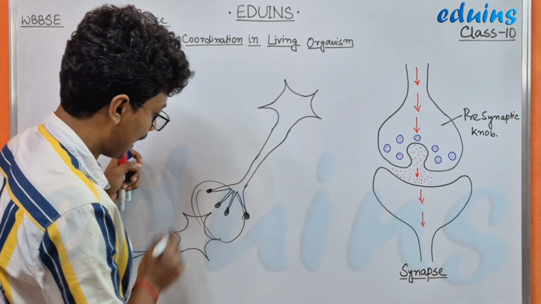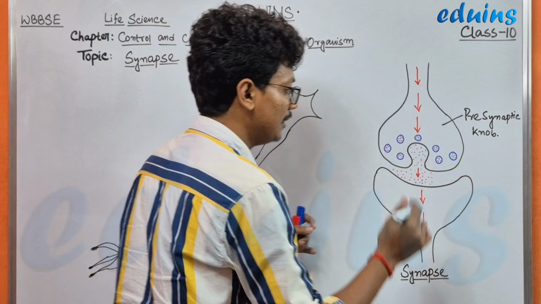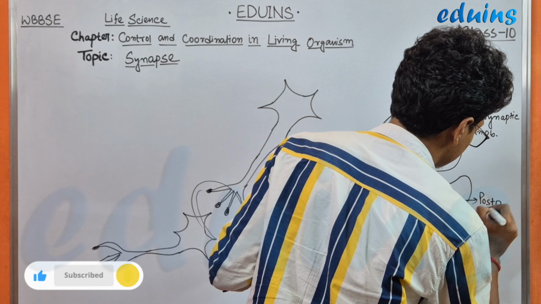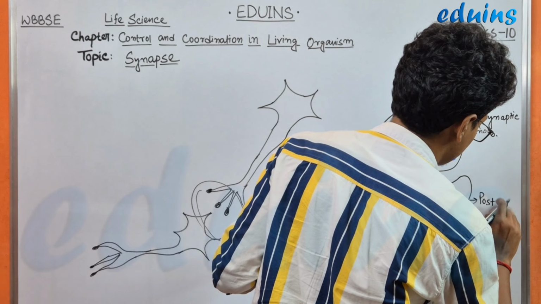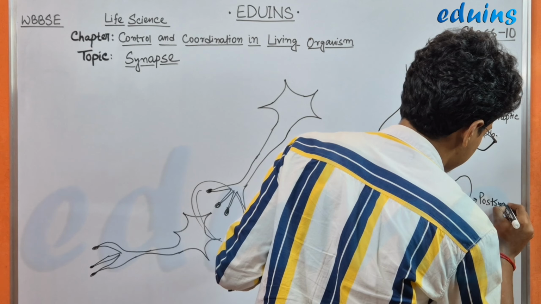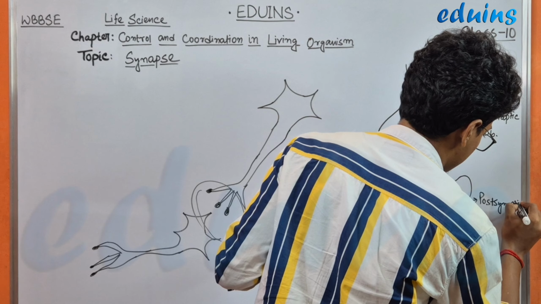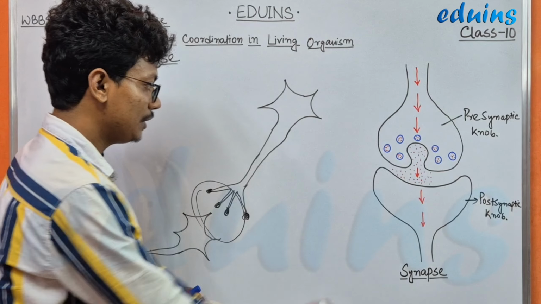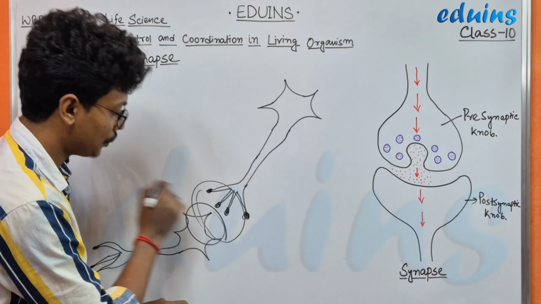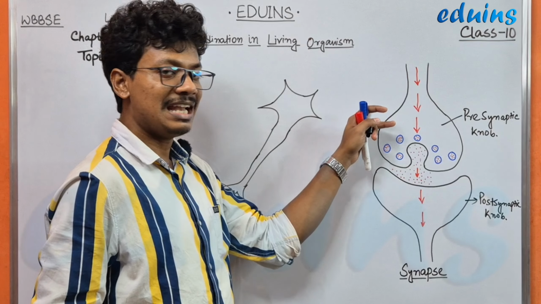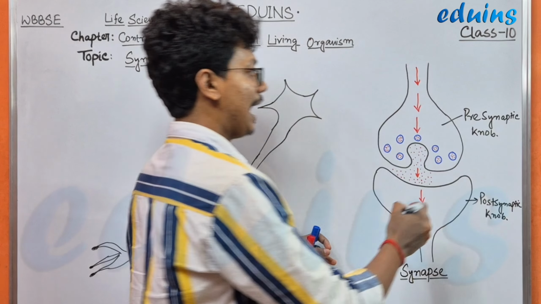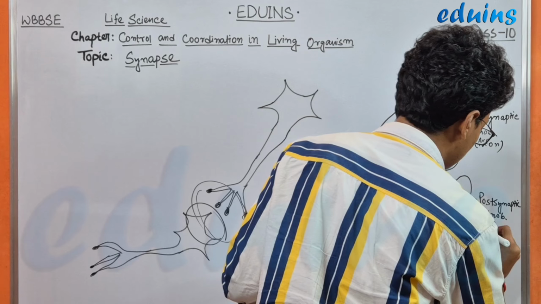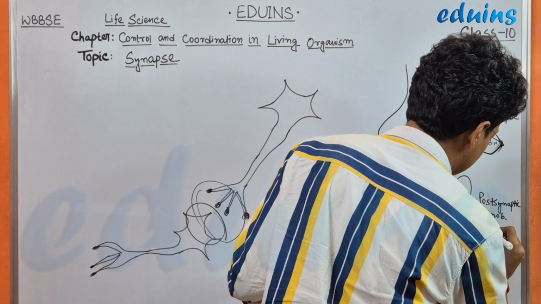Next, this is the postsynaptic knob, and this is the part of a dendron. So the presynaptic knob is the part of the axon, and the postsynaptic knob is the part of the dendron.